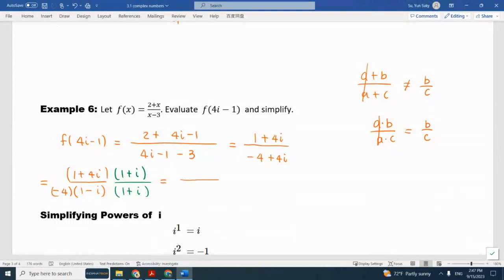So we have minus 4 is still a factor, right? Look at the numerator. 1 times 1 is 1. 1 times i is i. 4i times 1, 4i. 4i times i, 4i squared.